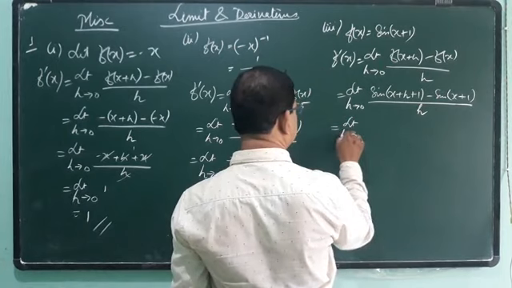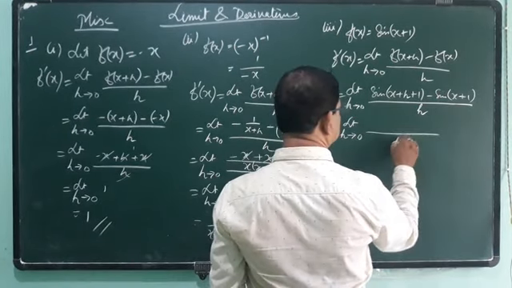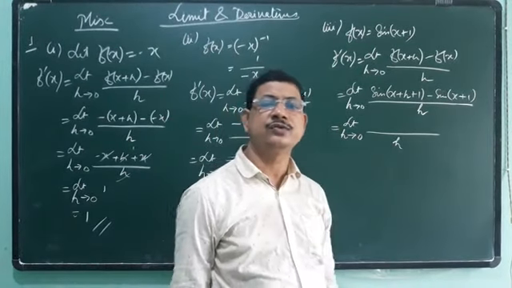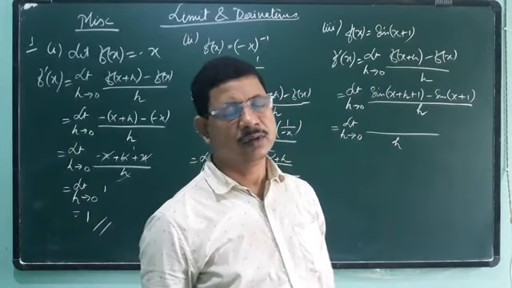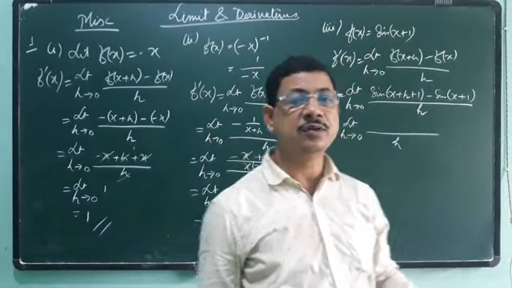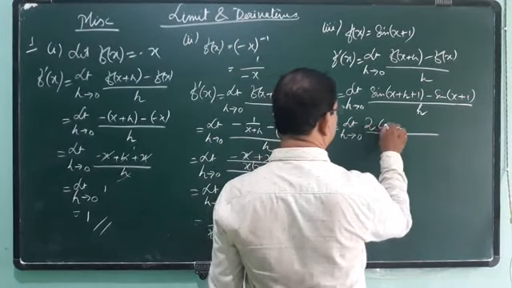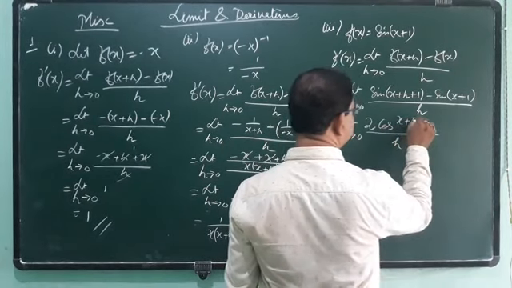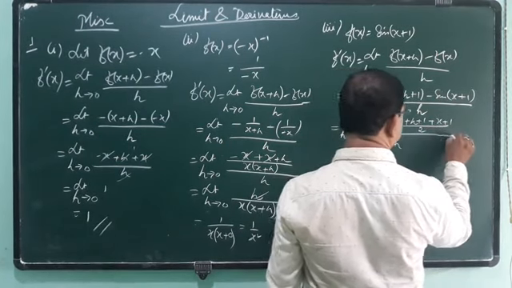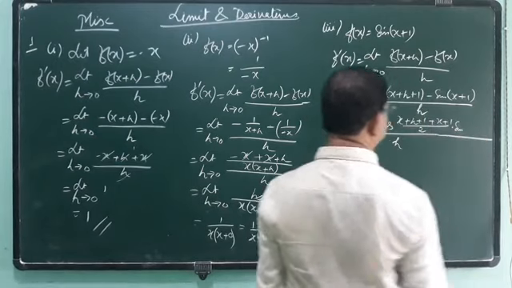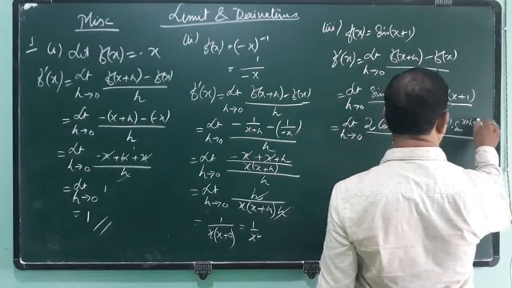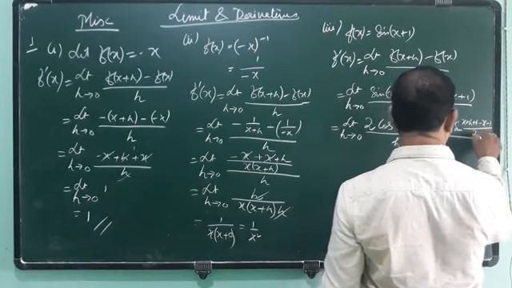Limit h tends to 0. This is sin c minus sin d. One formula is there: it is twice cos of (c plus d) by 2 into sin of (c minus d) divided by 2. So with that formula we will write cos of (x plus h plus 1 plus x plus 1) divided by 2, into sin of (x plus h plus 1 minus x minus 1) by 2.